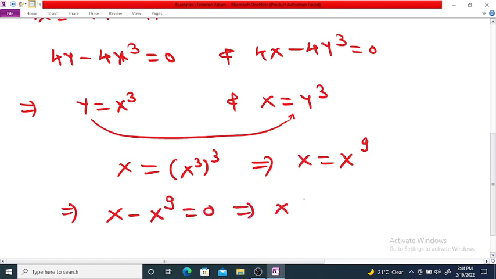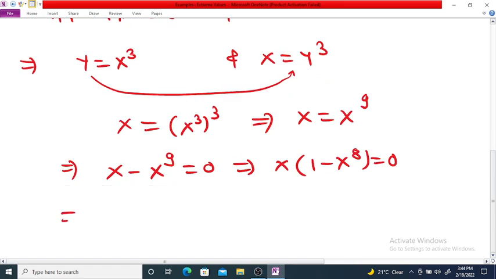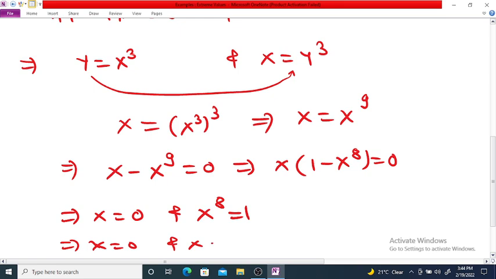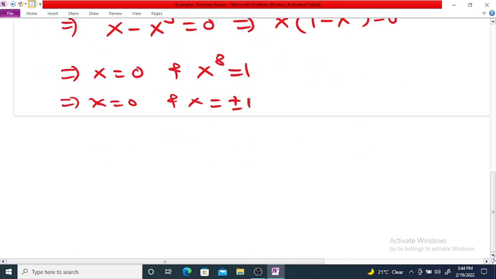If we take x outside, we get 1 minus x raised to 8 equal to 0. From this we get x is equal to 0, and x raised to 8 is equal to 1, so x is equal to plus or minus 1.